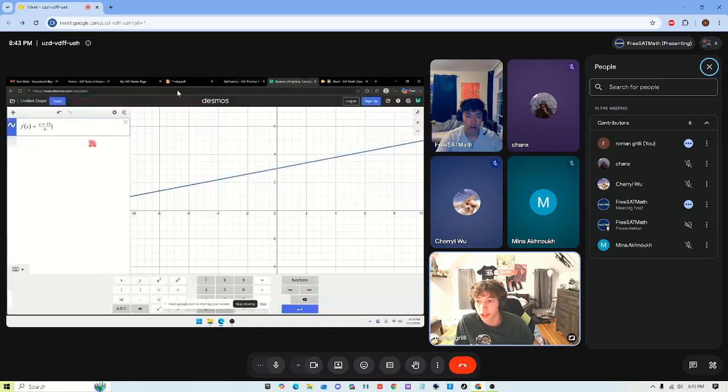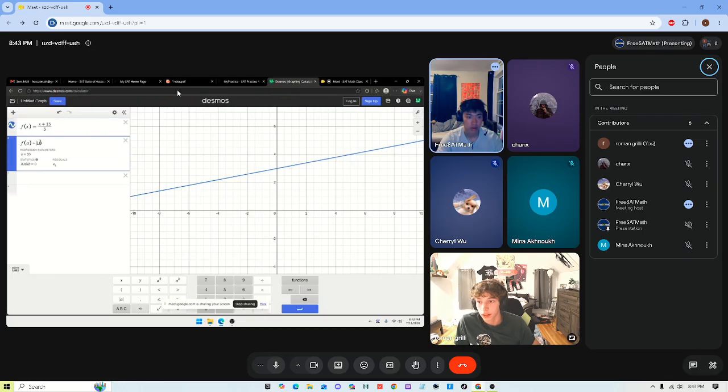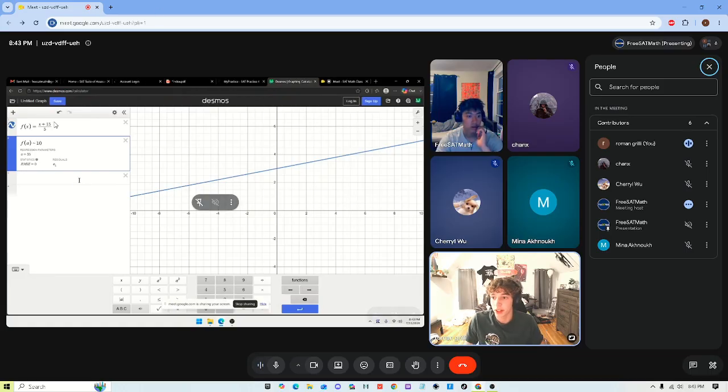Okay, so we might be able to do a regression here. So do a tilde instead of the equal sign. Because you defined the function above, you can use a Desmos regression on this.